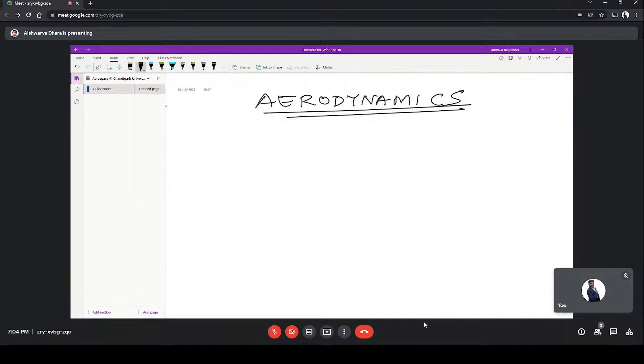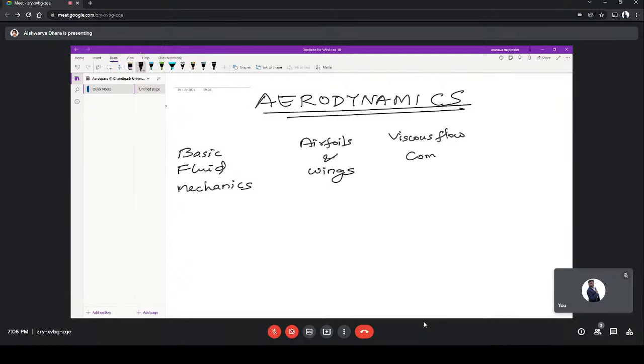As far as your syllabus is concerned, it has been subdivided into five parts. First is basic fluid mechanics. Second is airfoils and wings. Third is viscous flow, combined with another subpart, compressible flow.